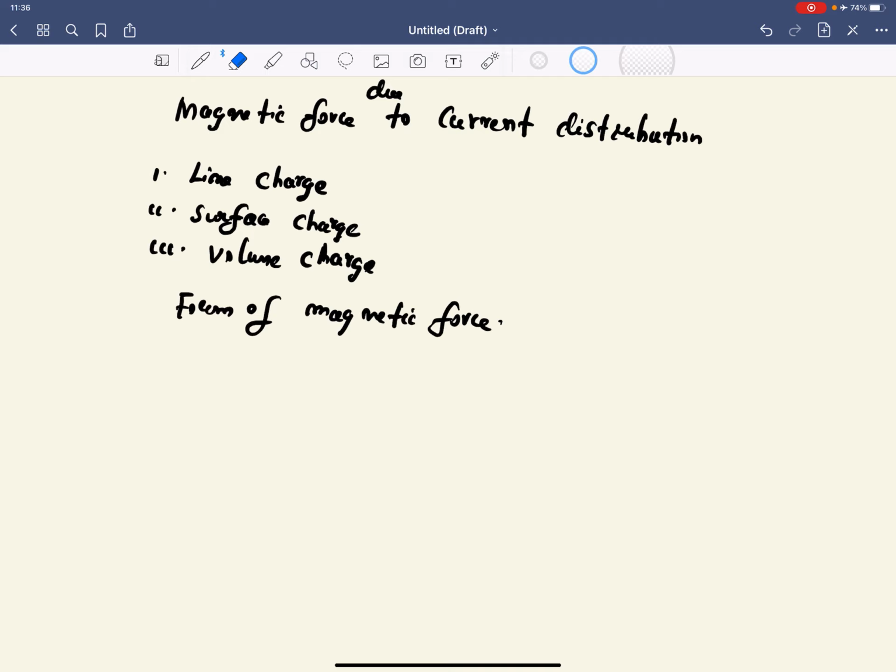Just like the definitions we have used in electrostatics, the same definitions we will use here also.